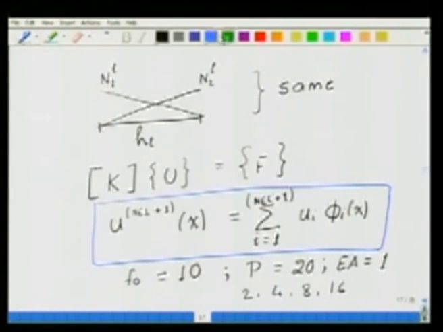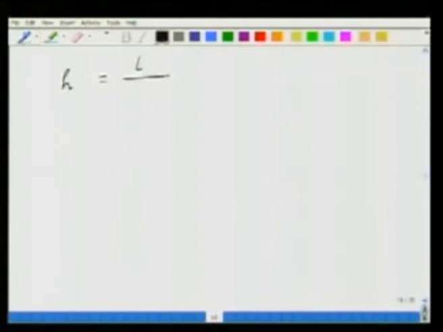That is, uniform mesh size means H will be equal to L by NEL, and let us take L equal to 1.